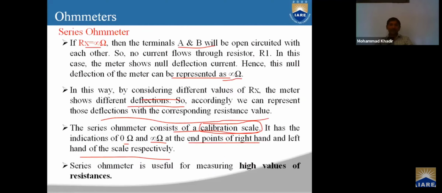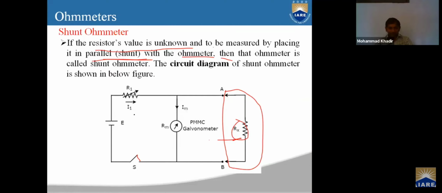Now see here. When you close this switch, at that time this will be closed as a short circuit. So it acts as a short. At that time, current will flow through the circuit, but current will not flow through the PMMC galvanometer. No current will flow through the galvanometer.